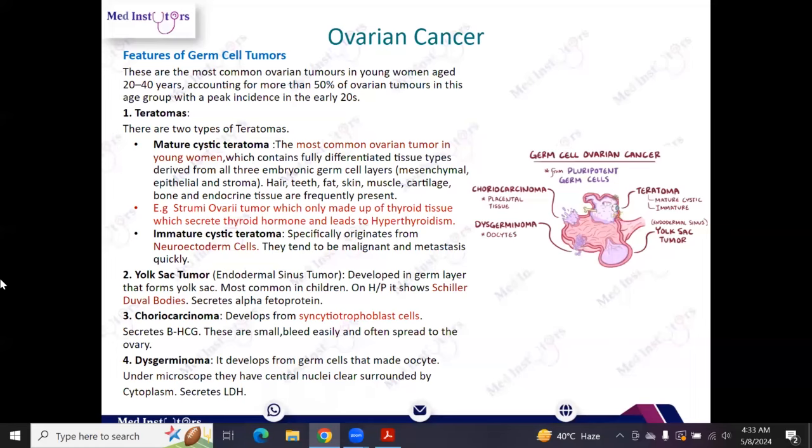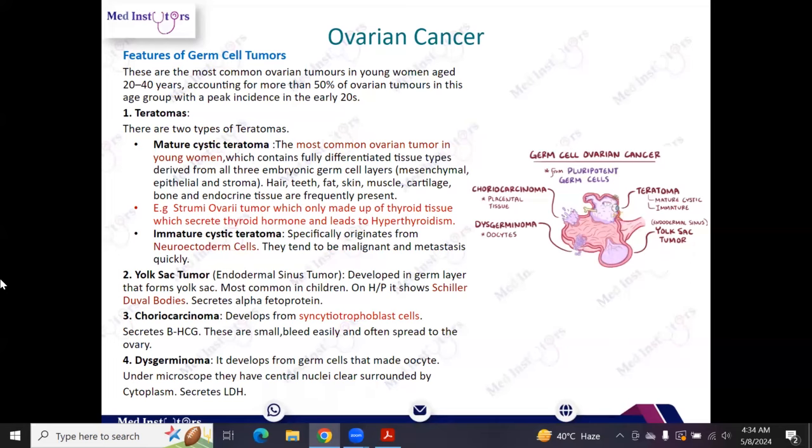So I'm repeating this again. Teratomas: if you find the keyword multiple echogenicity on the ultrasound, that means there are different types of structures in the cyst or in the mass. There could be hair, teeth, fat, skin, muscle, or endocrine tissue maybe. So in that case, you need to diagnose or click on teratoma.